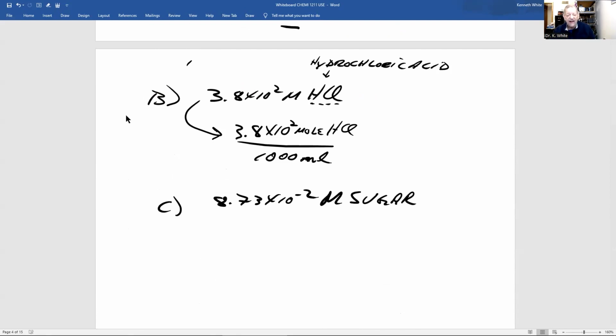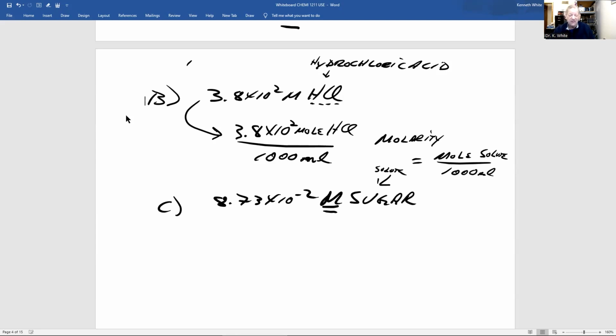Time's up. And the answer is capital M, molarity. I'll write it here so I don't have to. And that's equal to moles solute per 1,000 milliliters. What's the solute? Sugar.